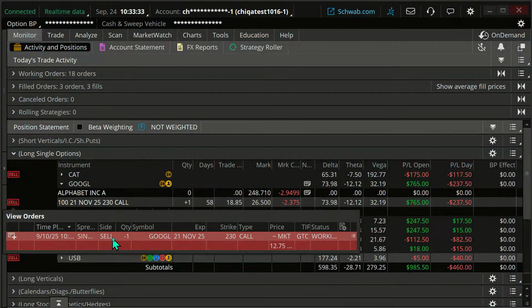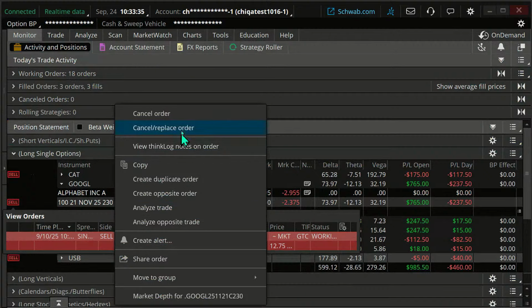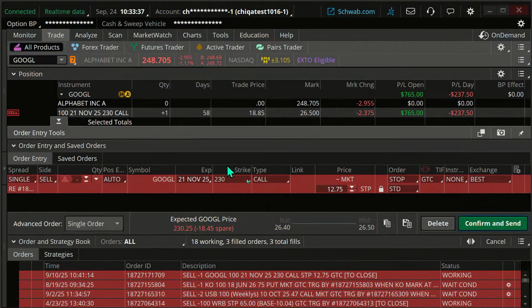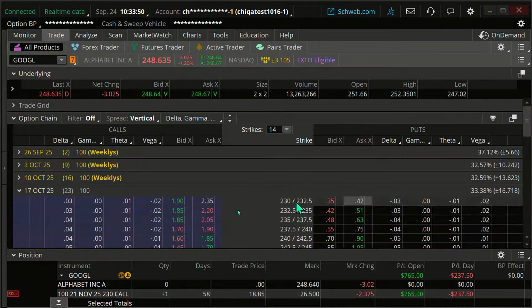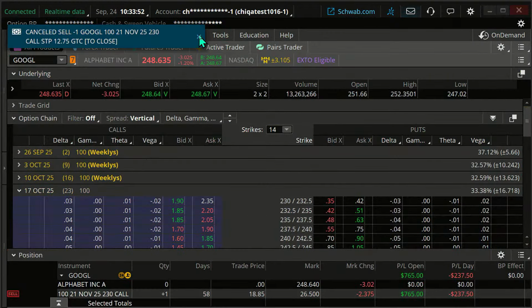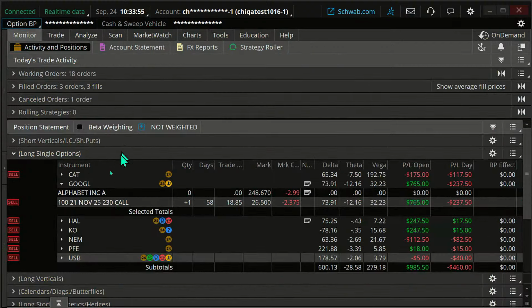I'm just going to click on it, right click, and cancel and replace that order. Instead of 1275, I'm going to move that stop up to 1850, confirm and send. We're automating that exit so we don't have to keep a constant eye on it.